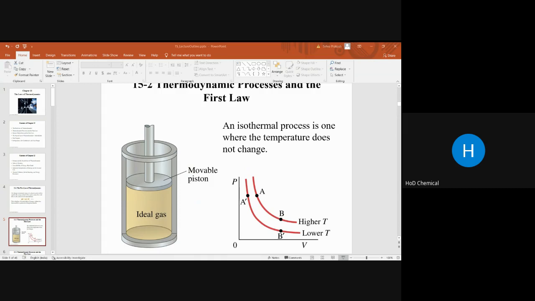But the molar heat capacity at constant pressure is represented by Cp.